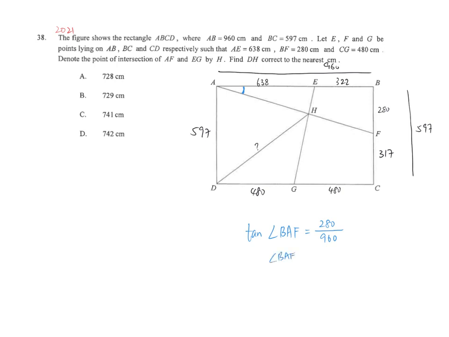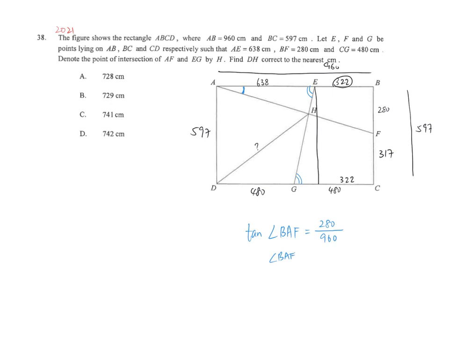The other angle that you can find in this case is right here. Remember, this is a rectangle, so we have an alternate angle over here, which is equivalent. So this angle is equivalent to the angle over here. If I now make a vertical line from E straight down, because this is a rectangle, do not forget, if this is 322, this part is 322.